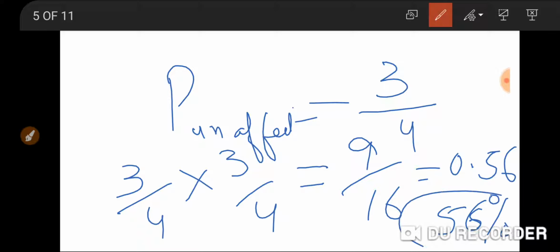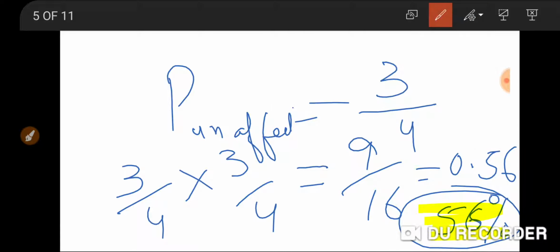So from here we can conclude that there is a 56% chance that their next 2 children will be unaffected, or will not have the disease.